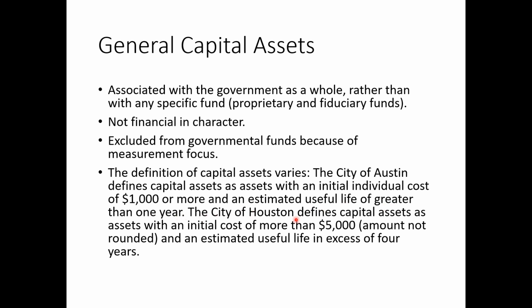The City of Houston, however, defines capital assets with a cost of more than $5,000, okay? Much higher, and estimated useful life in excess of 4 years. So same capital assets in Austin could be recorded as non-capital assets in Houston. The definition will be different.